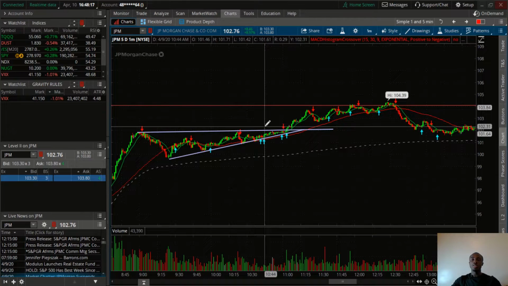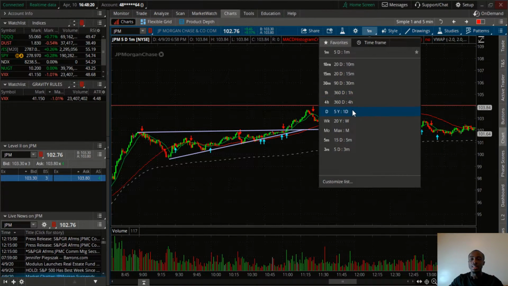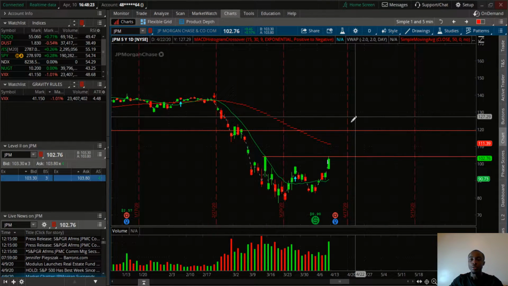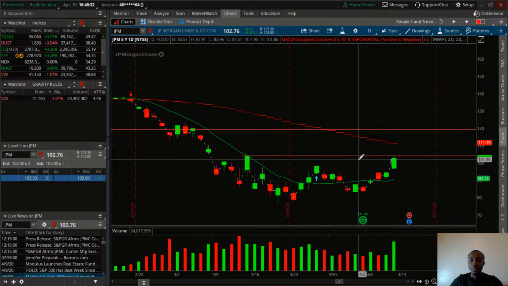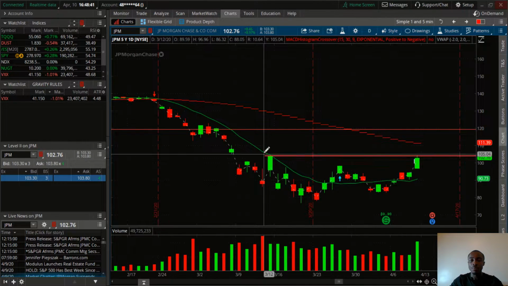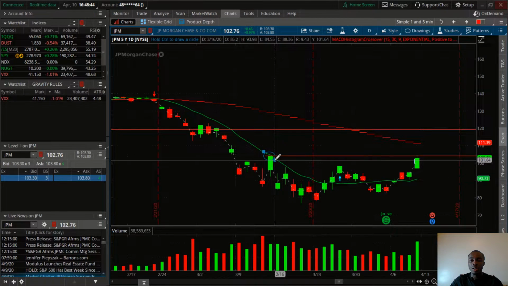Let's go back and look at it on the daily time frame. If we look very closely, we can see that a month ago in this very candle, there was a bunch of buyers all the way up here. I anticipated that there were a lot of FOMO traders who got in at the very top.